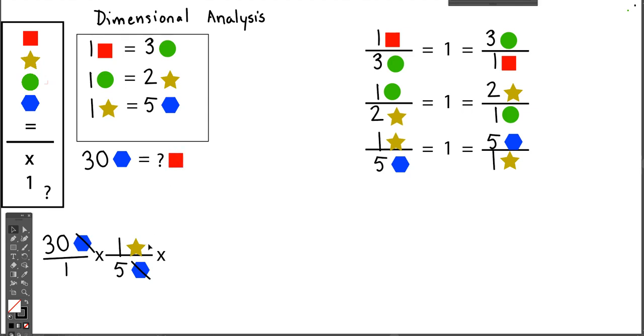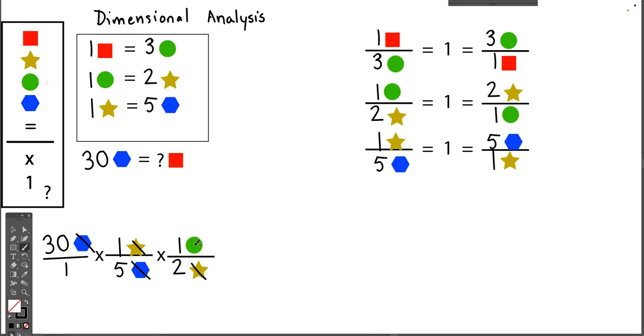And so let me use a conversion factor that lets me get rid of stars. So I need the conversion factor with stars in the denominator. So let me pull it over here. I'm going to multiply this by that. And now, once again, I have the ability to say, great, now I can cancel out 1 star in the numerator and 1 star in the denominator.